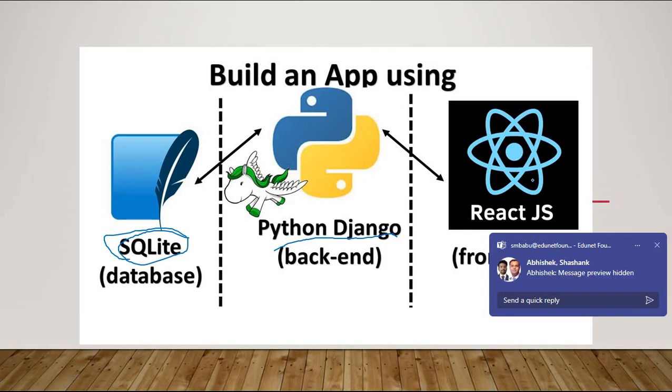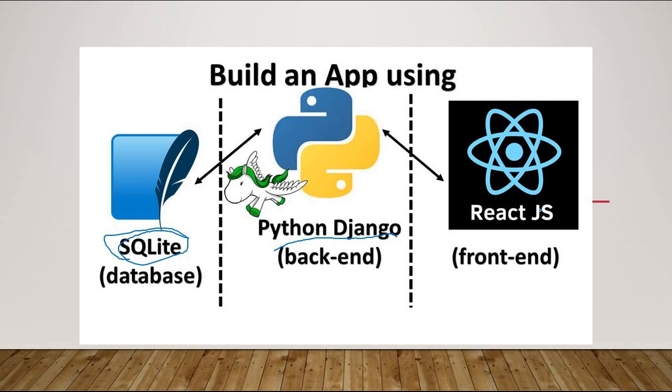Python along with React JS, which is the front end environment, is what we use to develop applications nowadays. Python is very popular. Why? Because we use it in many applications: data science, machine learning, artificial intelligence, and currently in full stack as well.